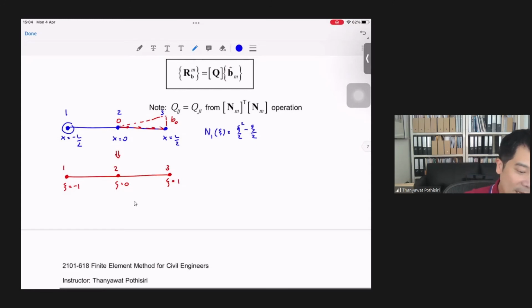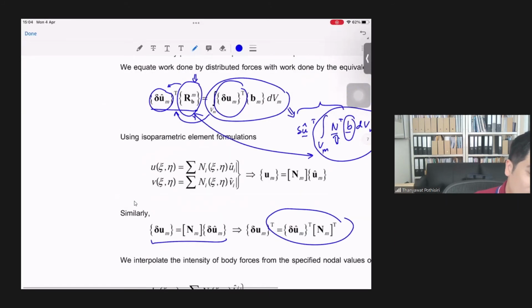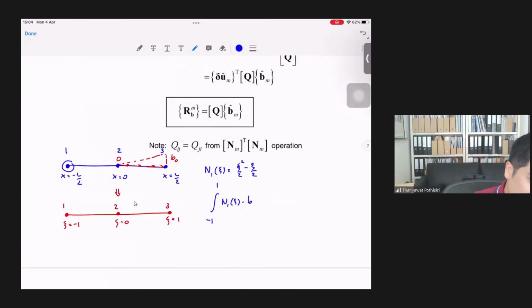So I can compute the equivalent force at node 1 by computing the integral from -1 to 1 of N1 multiplied with the body force function. The body force function in this case can also be written in terms of xi.